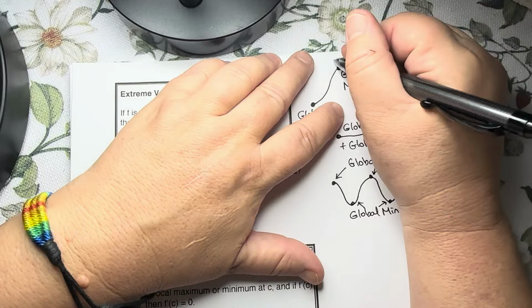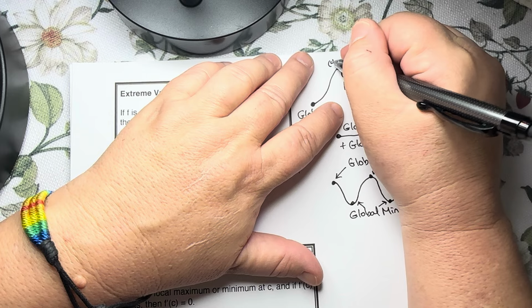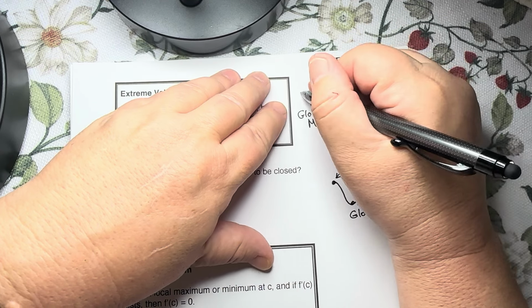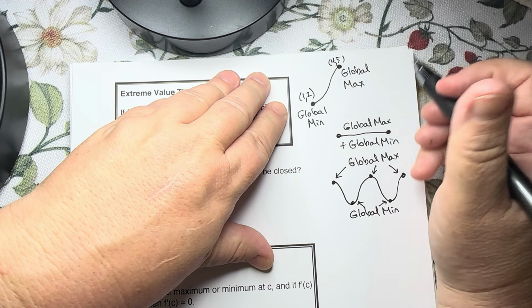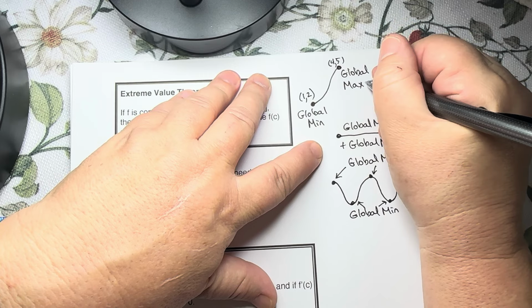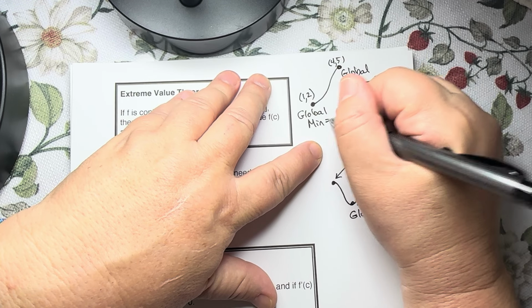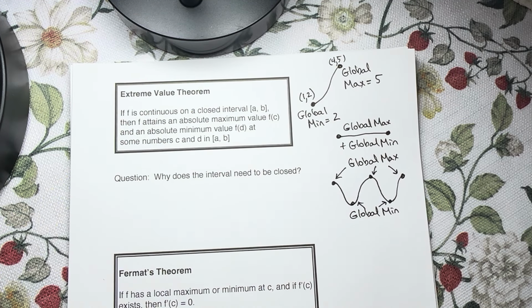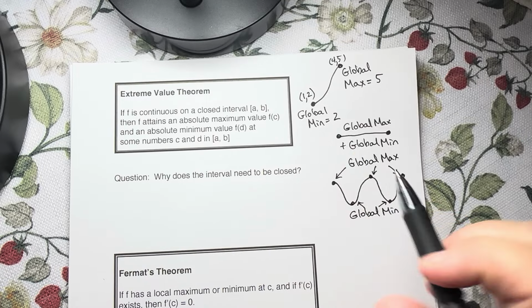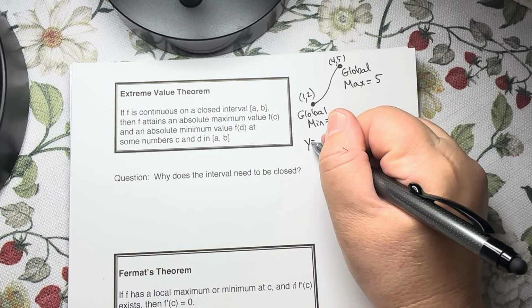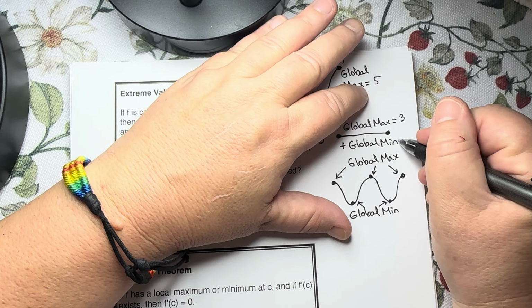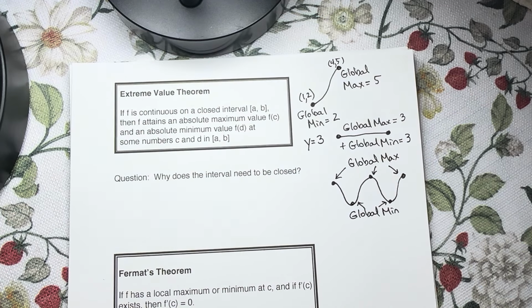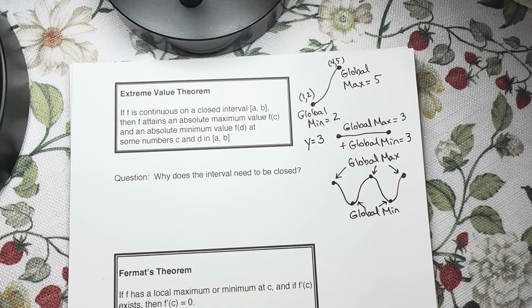So if this is like the point (4, 5), and this is the point (1, 2), then the global max here would be 5. The global min here would be 2. Does that make sense? Here, this is just y equals 3. The global max is 3. The global min is 3. Does that make sense? So it's whatever the value is.